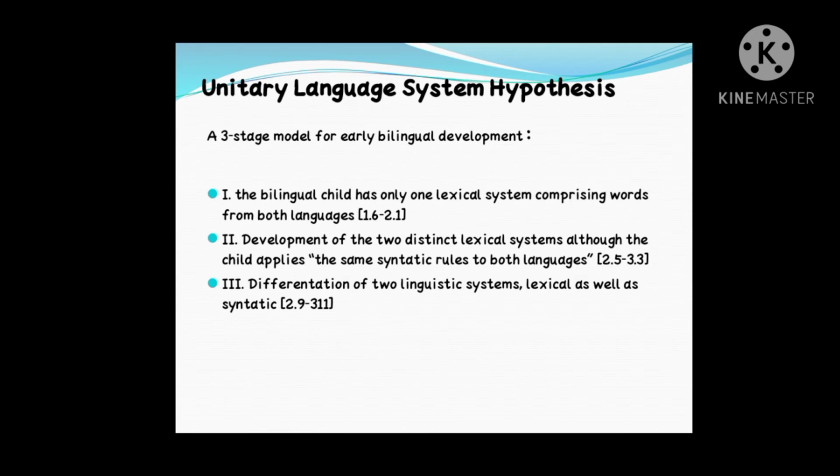And the third stage is differentiation of the two linguistic systems, lexical as well as syntactic. The two languages are distinct in both vocabulary and syntax. Use of language is context dependent: first the parent, and second the language.